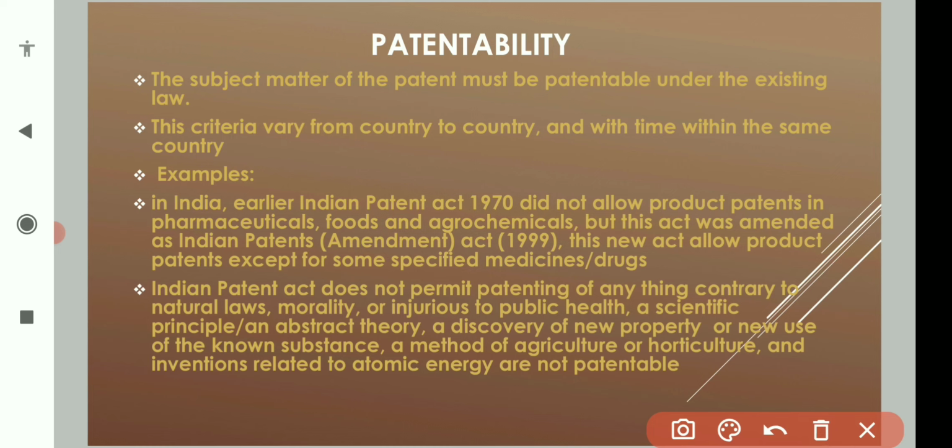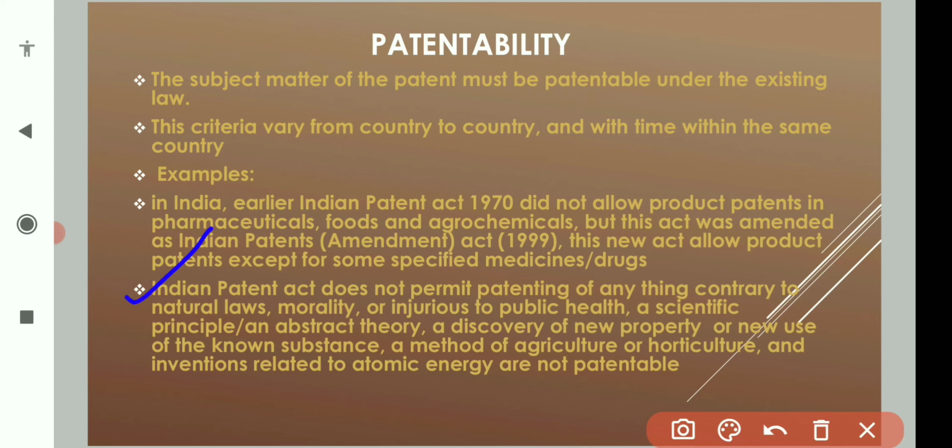So in India itself, earlier in 1970, you were not able to take product patents in pharmaceuticals, in foods and agrochemicals especially, but from 1999 onwards you can take product patents now, except some specific medicines and drugs, which are the common general medicines.